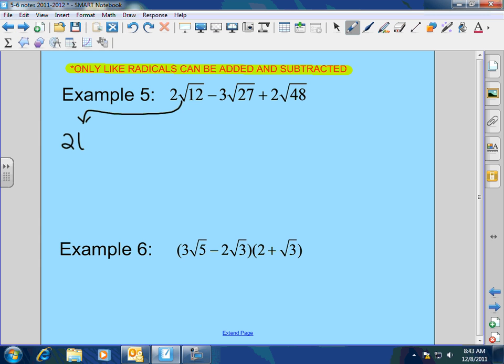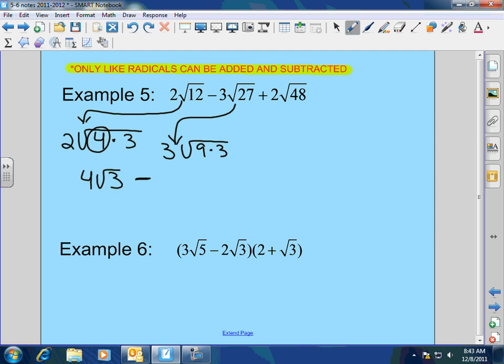So I got 2 times the square root of 12, but the square root of 12 breaks down to 4 times 3. So the square root of 4 is 2. So 2 times 2 is 4 radical 3. Minus, you got 3 times radical 27. But 3 times radical 27 can be broken down into 3 times radical 9 times 3.